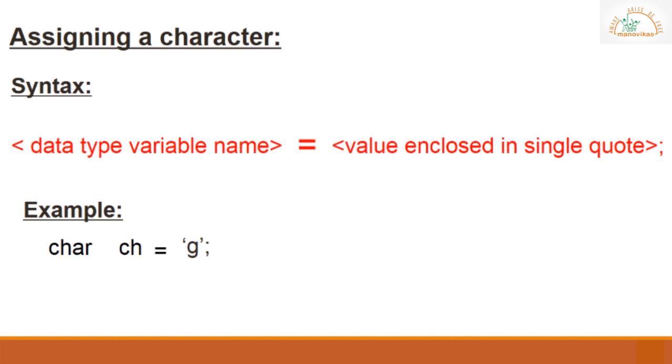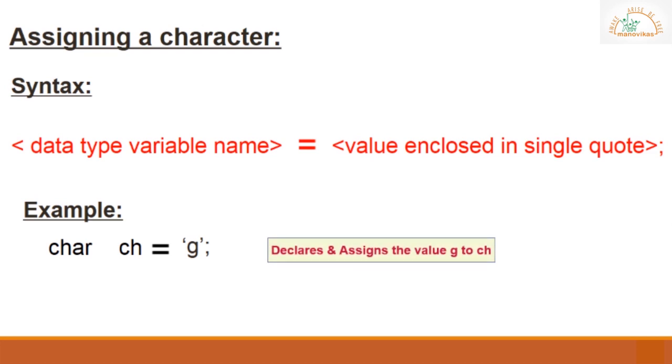For example, char, ch is a variable, equal to, and the character literal which is enclosed in a single quote, ending with a semicolon. So this says the character G is assigned to the character variable ch.